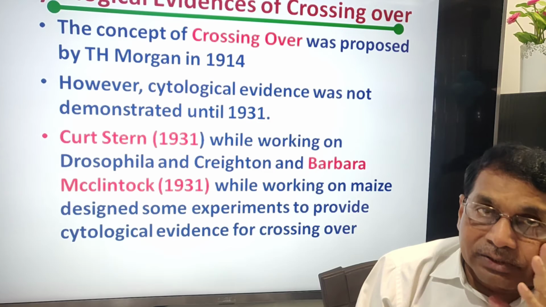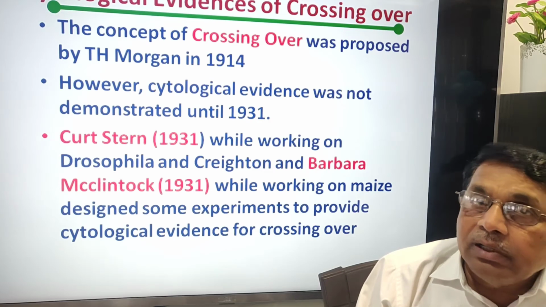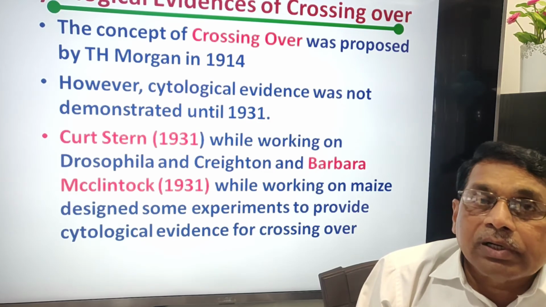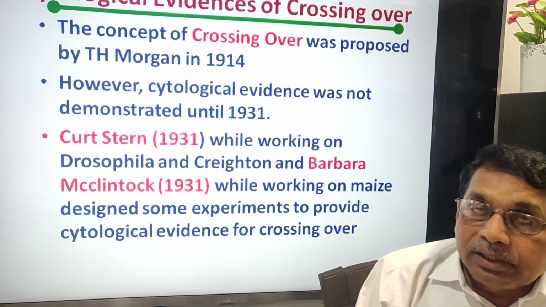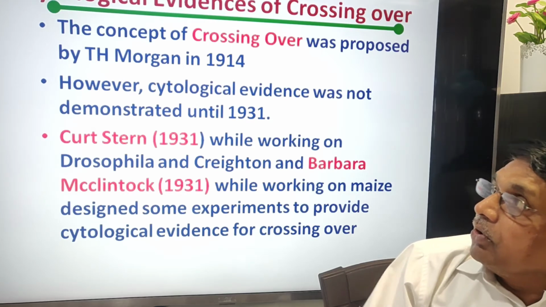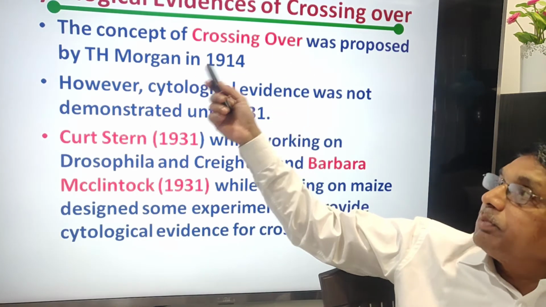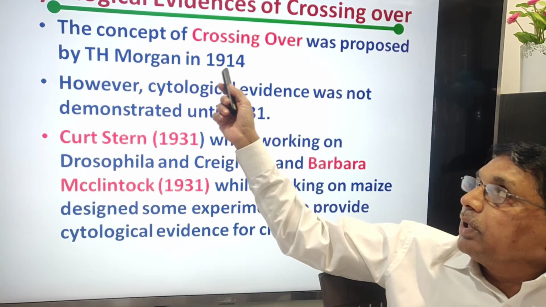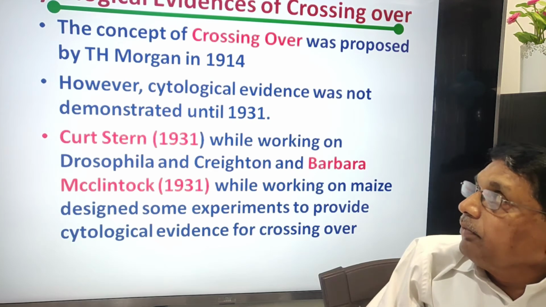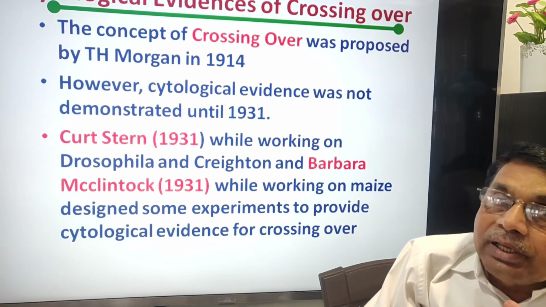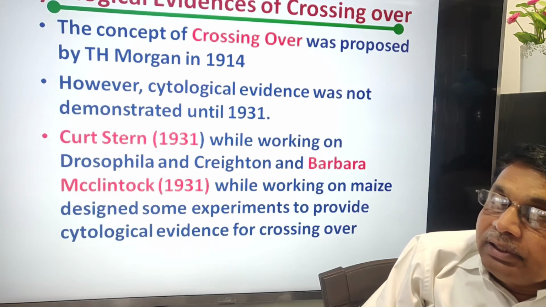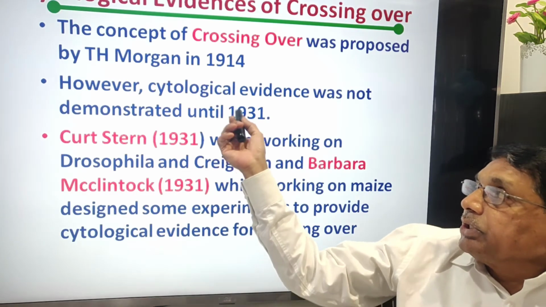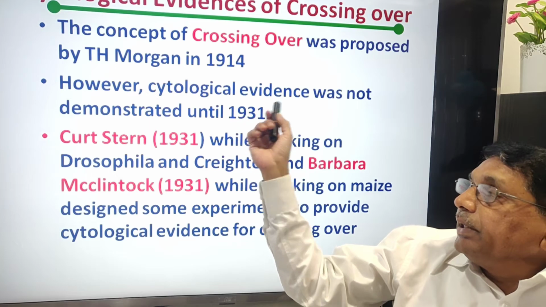Cytological evidences. At the time Morgan worked, he did not know what chromosomes actually were. The concept of crossing over was proposed by Morgan in 1914. However, cytological evidence was not demonstrated until 1931.